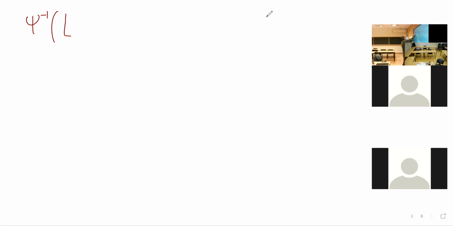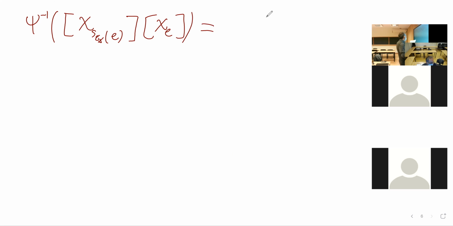So I take the class of chi, and now this is the domain of psi inverse, so it's graph Ex, this huge baroque S Ex of E times chi E. And of course, we want it to be the same as simply psi inverse of chi E.